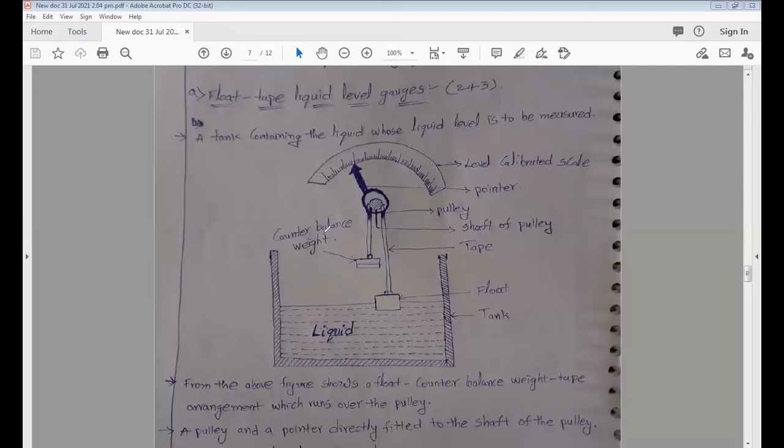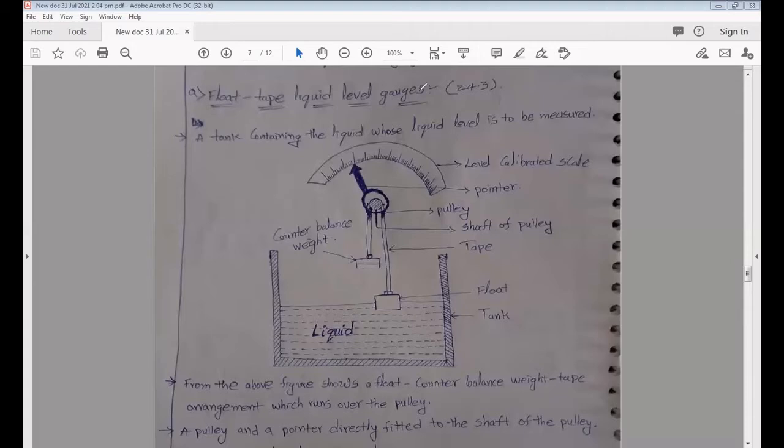We take a counterbalance according to the flat, so these two balance each other. In most cases the flat has a somewhat higher weight compared to the counterbalance weight. Because of that, the entire balance moves either up or down, completely based on the liquid level.